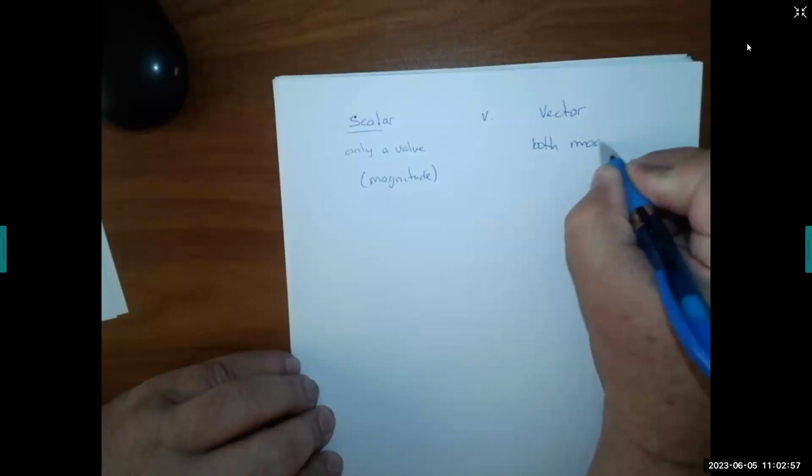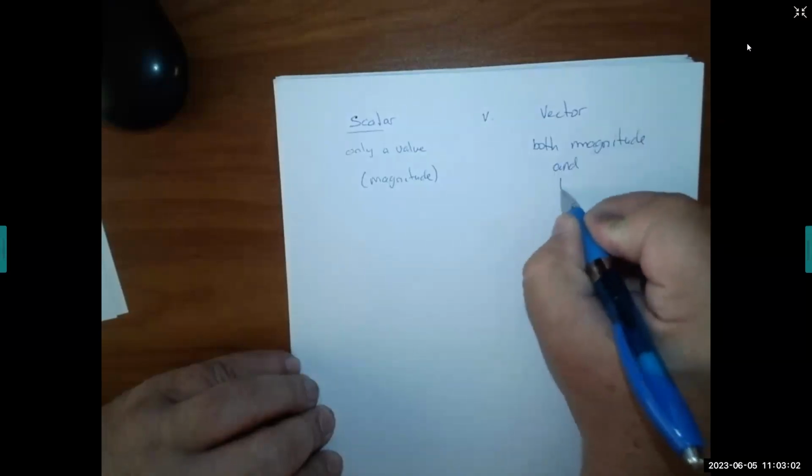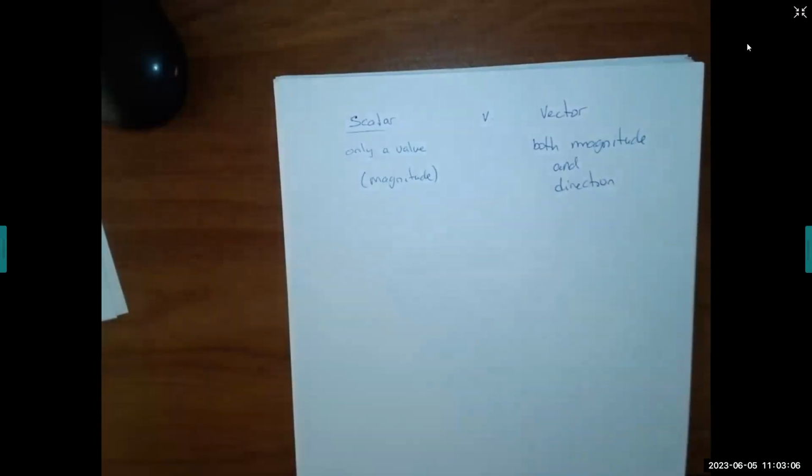Both magnitude and direction. That's what we're going to cover next time. Because now, since we deal with real numbers, all the rules of algebra apply here. We can add, subtract, multiply, divide these things. And that's what we'll do next time.